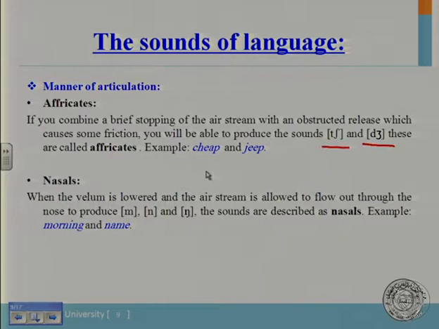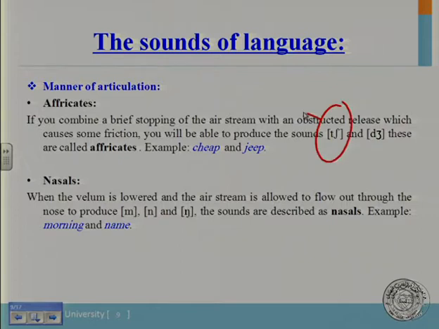Ch, there is a stopping of the air stream, and there is also an obstructed release. Also j. These two sounds are called affricates.